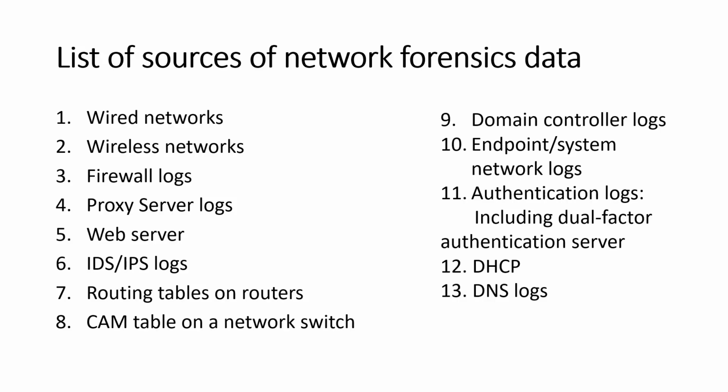A switch works at a lower layer, on MAC addresses, and the CAM table records which MAC addresses are connected to which ports. So when a packet comes, the information on which port a particular packet is to be forwarded to is there in the CAM table and so on.